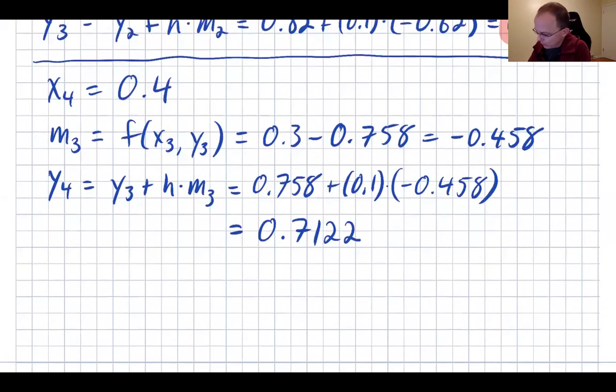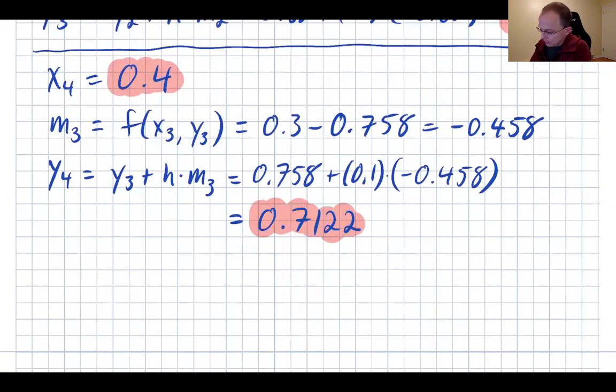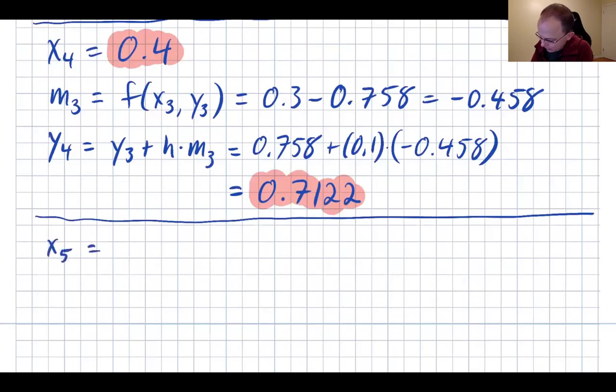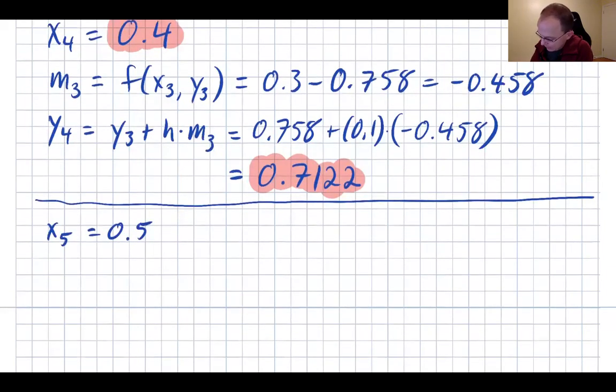Yeah, so that's it. So there we go. And we just have one more to do, almost done. So finally we have x5 is 0.5. M4 is f of x4, y4, and I'll just calculate that directly.